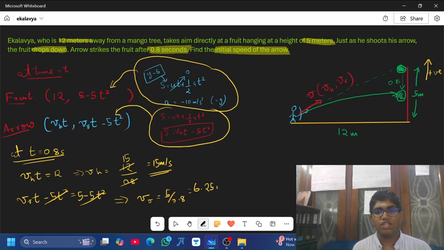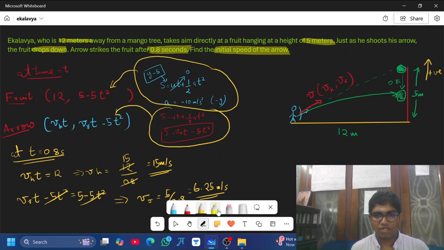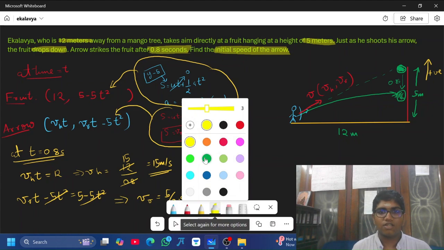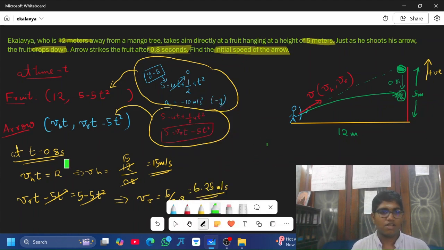6.25 meter per second. Now, we got the vertical and horizontal components of the velocity, and thus we finally reach our answer to the question. I'll mark it like this.